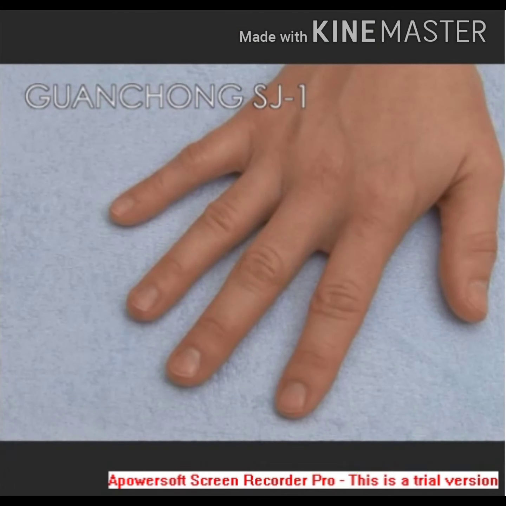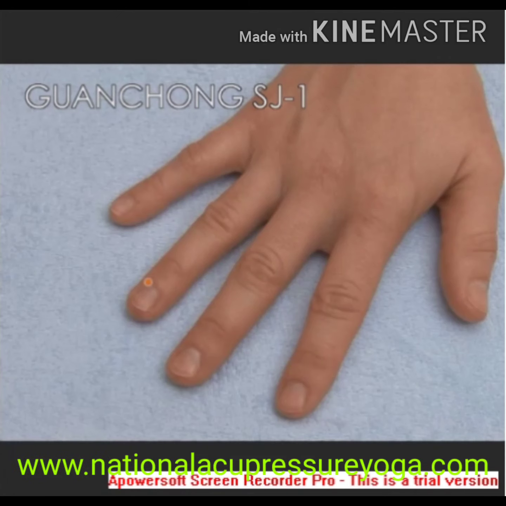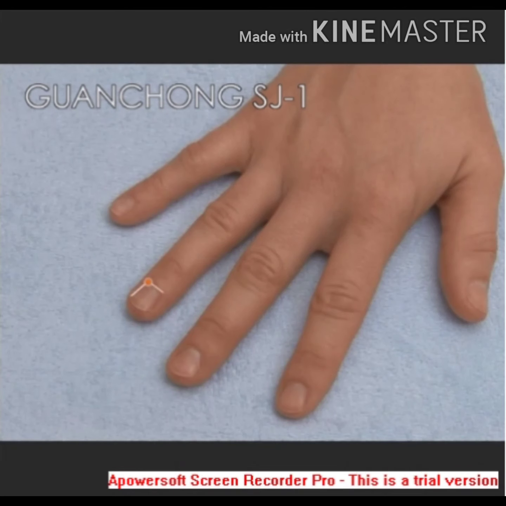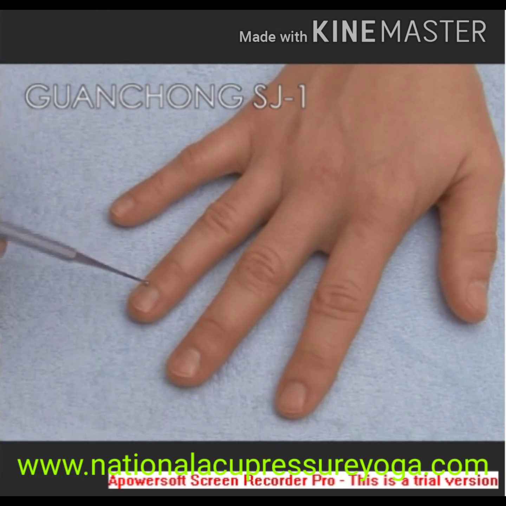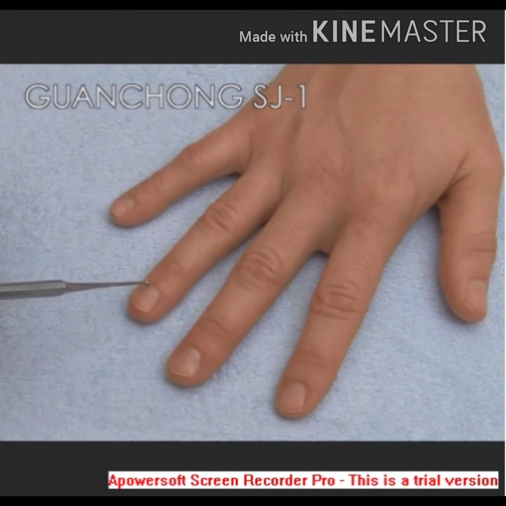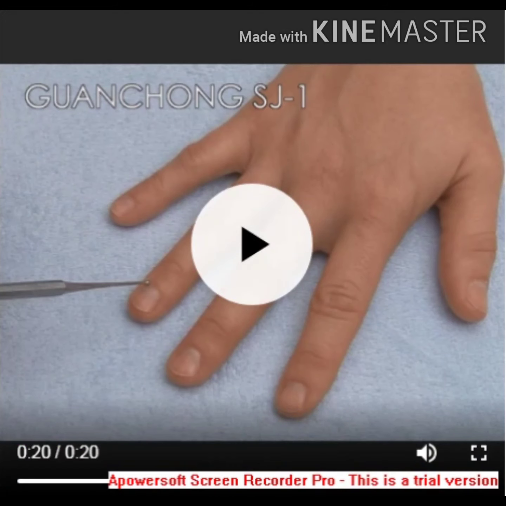Guanchong, Sanjiao 1, is located on the dorsal aspect of the ring finger, at the junction of the lines drawn along the ulnar border of the nail and the base of the nail, approximately 0.1 cun from the corner of the nail. Perpendicular or oblique insertion directed proximally 0.1 to 0.2 cun, or prick to bleed.